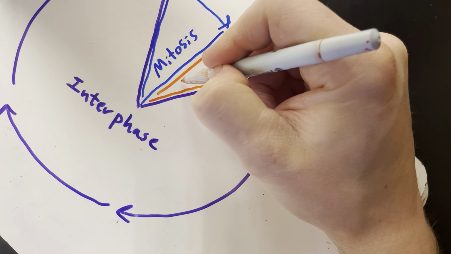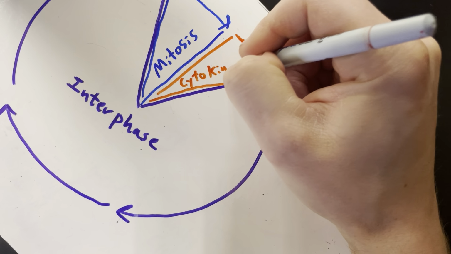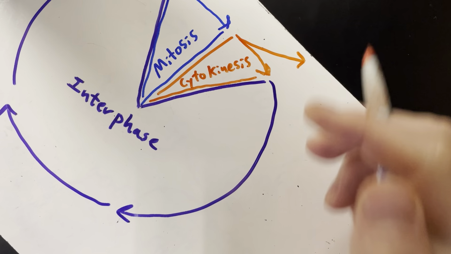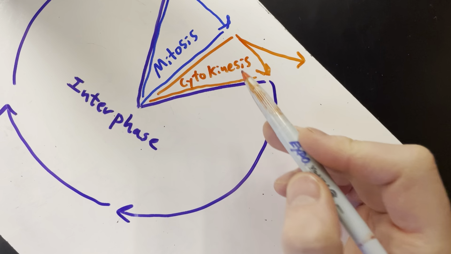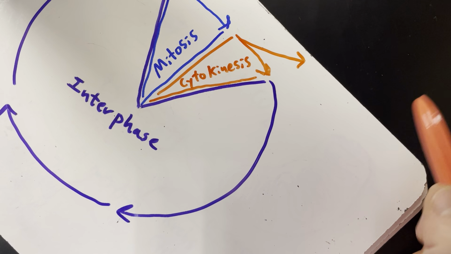This is called cytokinesis. Cyto meaning cytoplasm, kinesis meaning physical movement, or in this case, splitting. So the cell will physically split.